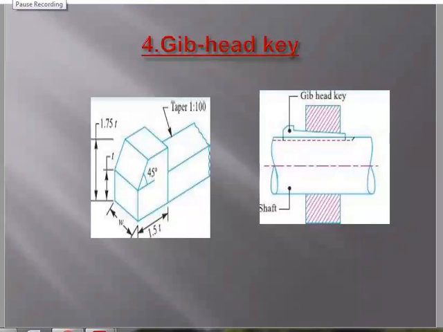Next we have gib head key. This key is similar to square or rectangular key with the head projected from one face at the large end of the key. The key with gib head is withdrawn by hammering on a wedge-shaped piece which is inserted into the gap between head and end face of the mating part.